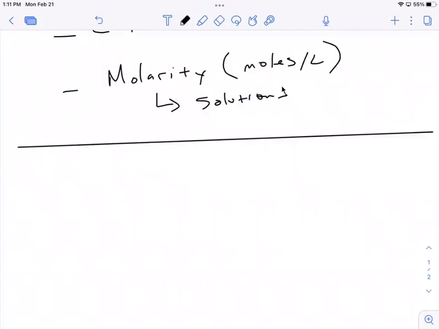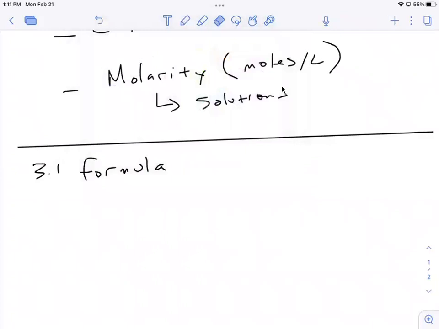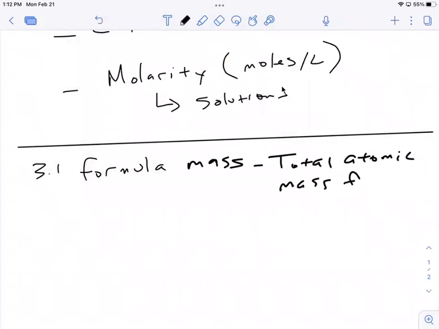So when we talk about formula mass, all that is the total atomic mass for a compound.